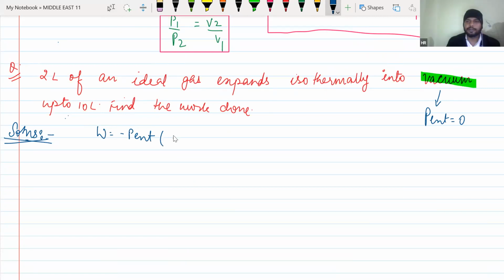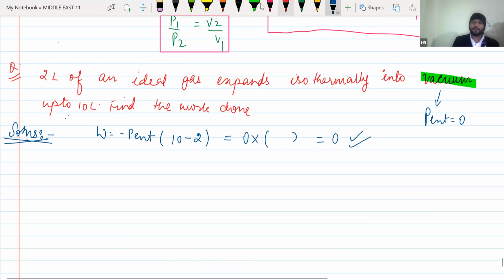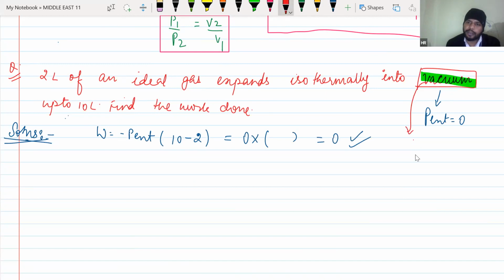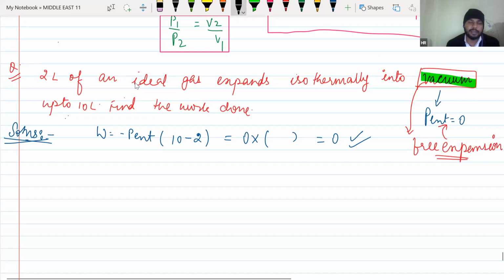So dV, that is 10 minus 2, whatever you do, but P external is 0. Whatever is the quantity, it will be 0, or not, Krishna? Yes, sir, it's 0. So whenever there is vacuum or free expansion, the work done will be 0 because P external is 0. Is that clear, Fawaz? Yes, sir.